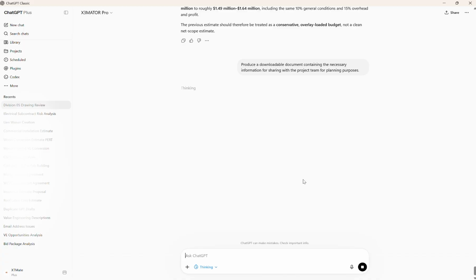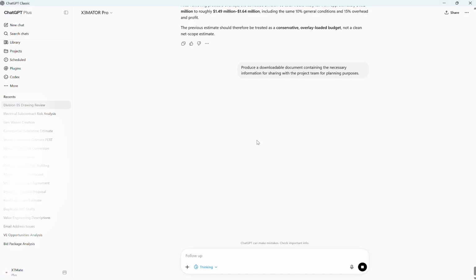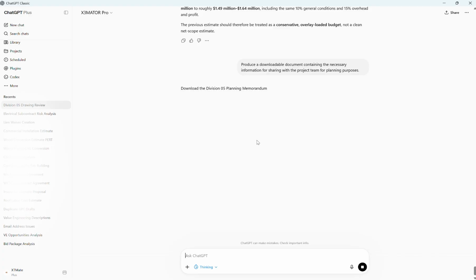Now, the payoff. Prompt 3 tells X3MATOR to take the completed takeoff and build a bottom-up cost estimate using current market pricing for our region. Every line item gets material costs, labor costs, and equipment costs where it applies, plus the extended total. The output stays in the same 4 categories, with a subtotal after each one.